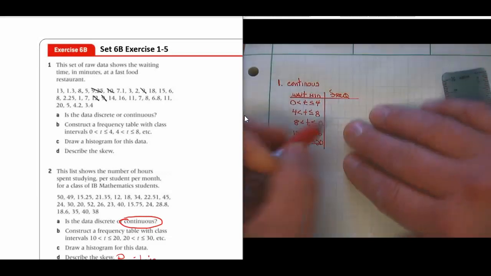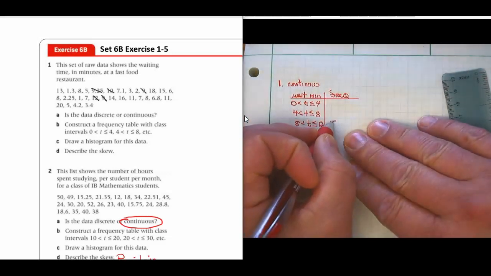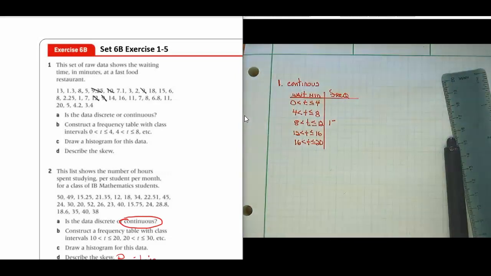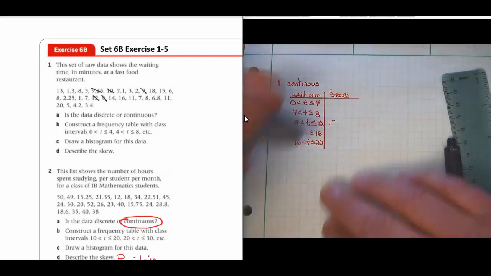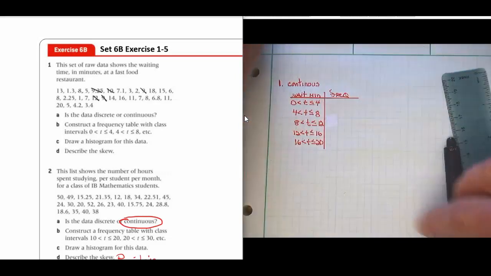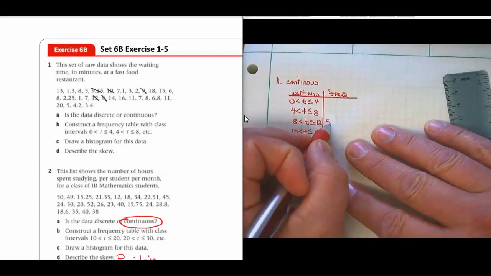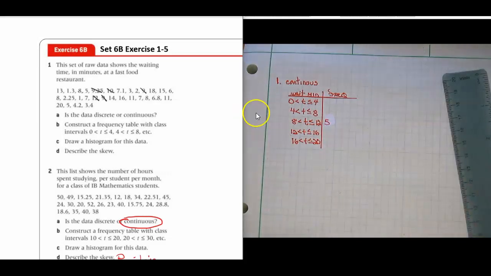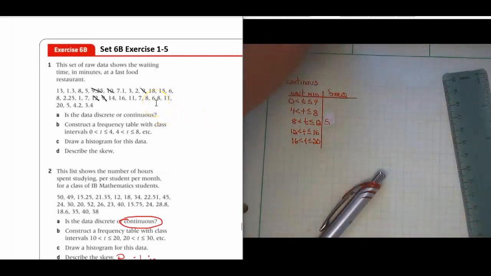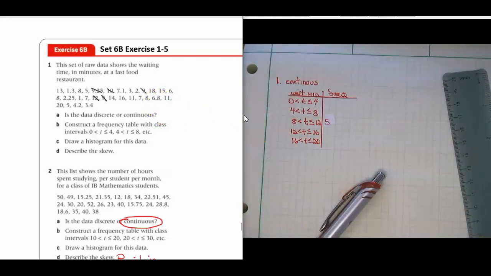Okay, so mine has 5. How about you guys? Mine has 9.